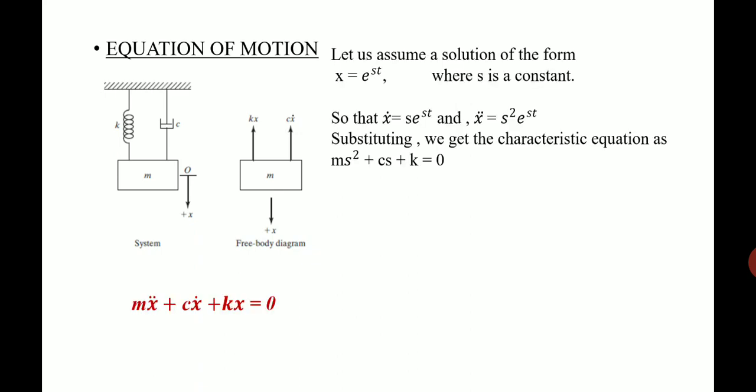Substituting the values, you will get the characteristic equation as m s square plus c s plus k is equal to 0.